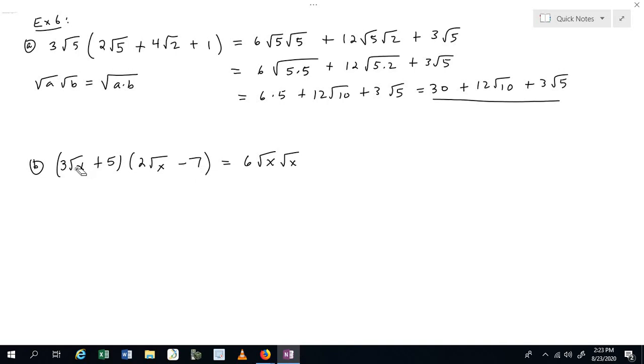Negative, and I'm going to change the order, so I'm going to put the 7 up there with the 3, and 7 times 3 is 21. So it's negative 21, and then times the square root of x. And then the inner, 5 times 2 is 10, so you get 10 times the square root of x. And then the last, which would be negative 35.